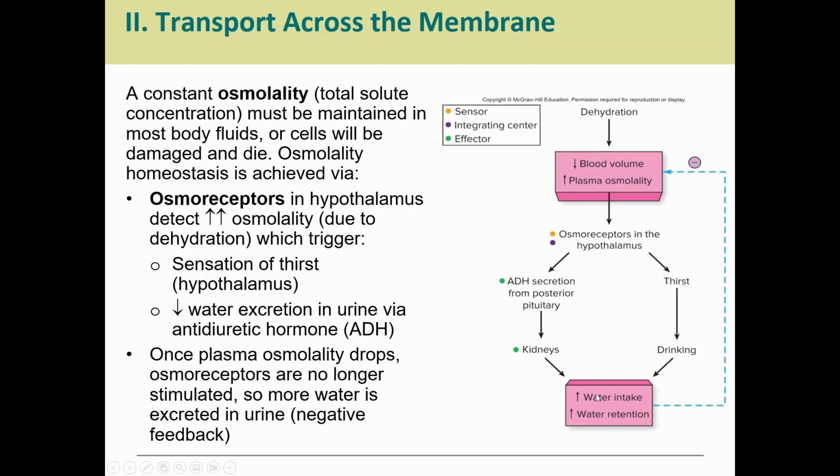We retain more water, we take in more water, and once we reach a normal level for osmolality, then we turn that off, right? So our water was going down, we then enact activities, behaviors that will bring water up. And then once water level is high enough, we can stop that process. So again, it's a negative feedback loop that we see here.